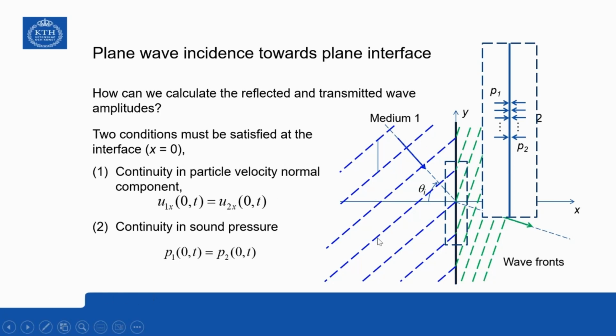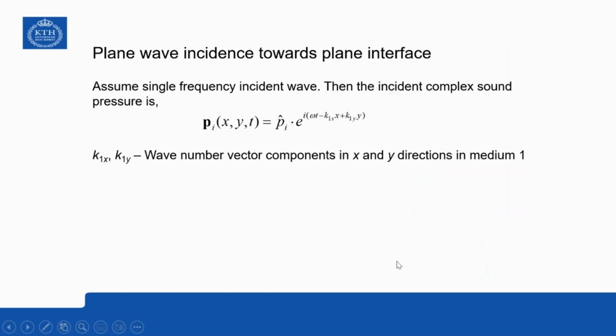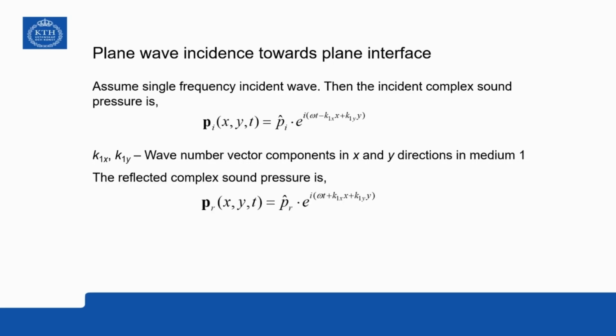And the same goes then for the transmission side, and for the reflected wave, of course. So in medium 1, we can also express the reflected complex sound pressure in the same manner.